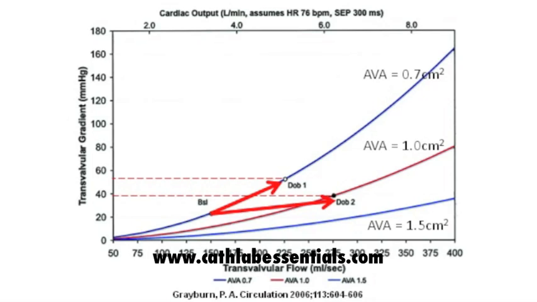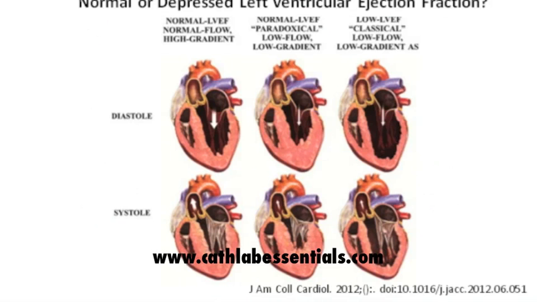If we had a different response, that is, if the gradient had not changed much, despite having the cardiac output increase a lot, this would mean the valve area could open more, and we would have moved to a higher valve area curve, off the curve that indicates fixed aortic stenosis. So we use dobutamine to differentiate these two conditions.